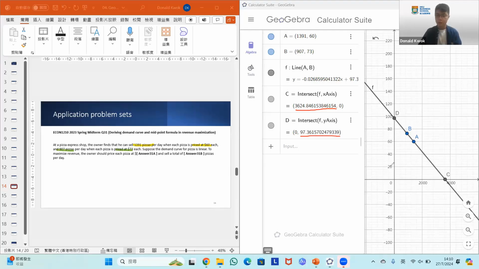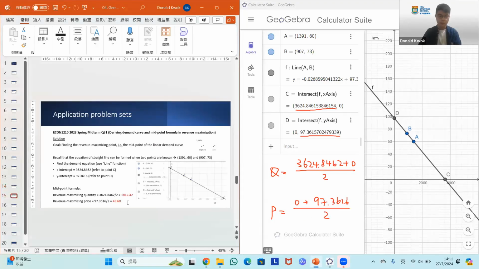To calculate the profit maximizing quantity first, it would be 3,624 point something plus 0, the x-coordinate of D, divided by 2. And on the same token, for the profit maximizing price, it will be 0 plus 97 point something divided by 2.